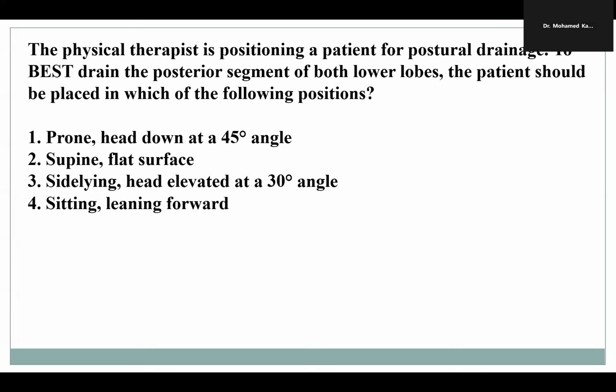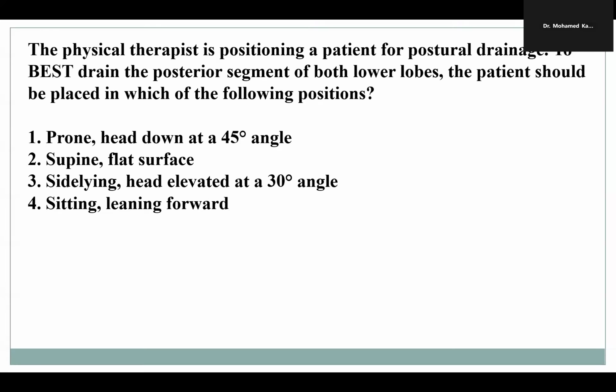I should position the patient in supine lying position on a flat surface, so there is no elevation of the leg or elevation of the head or anything, nothing upside down. Side lying position, head elevated at a 30-degree angle, or sitting and leaning forward, which we are using this position for the upper lobe mainly, and some segments of the upper lobe actually.